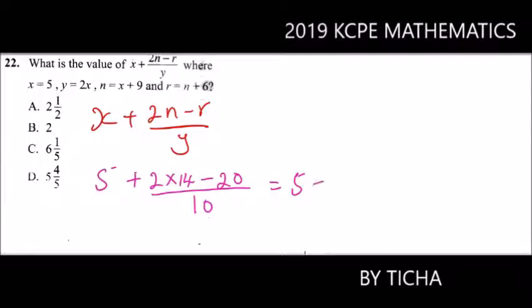So we say it is plus 8 over 10, which you can divide by 2 to get 4 over 5. So we have 5 plus 4 over 5, implying that this is the same as 5 and 4 over 5. If you check your answer, you realize D is the correct answer. So you shade your D as your correct answer, and that's how you work out that question.